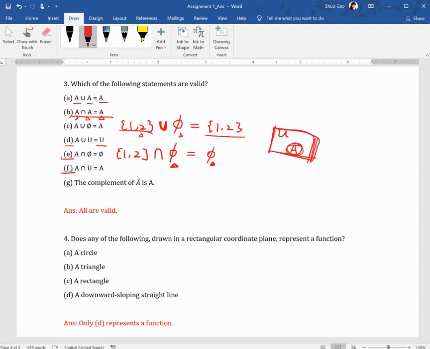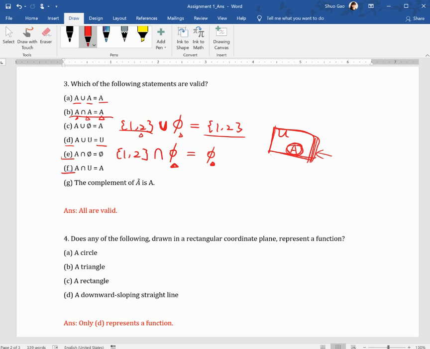And F is still valid. A intersects the universal set is A itself. Again, in this graph, A is a smaller part that's contained in the bigger set U, right? A is a subset of U. So A intersects U is just A itself, because U has all the elements that A has, and a lot of elements that A doesn't have, right?